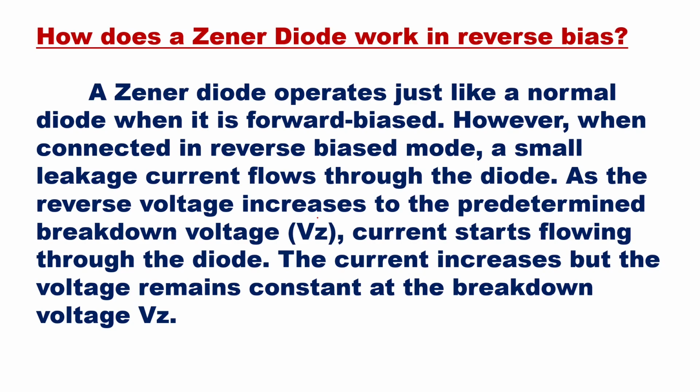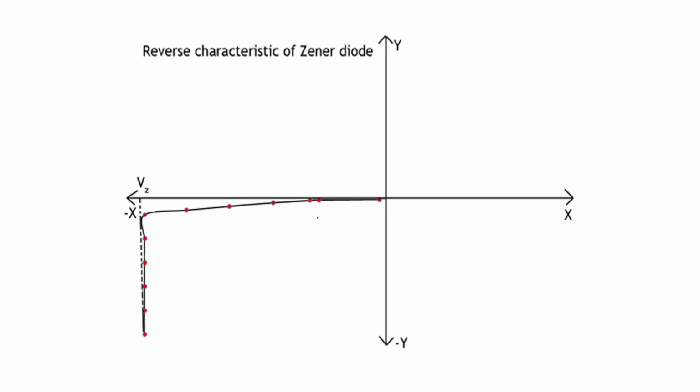So as the reverse voltage increases to the predetermined breakdown voltage Vz, current starts flowing through the diode. The current increases but the voltage remains constant at the breakdown voltage Vz. Now what does this all mean? Here you can see. First, we have drawn a graph here of x-axis and y-axis.